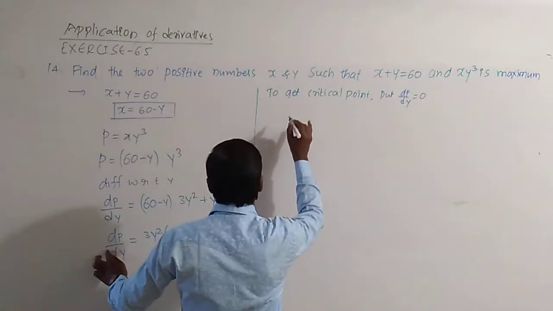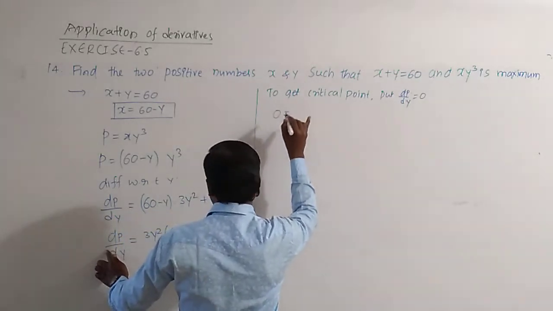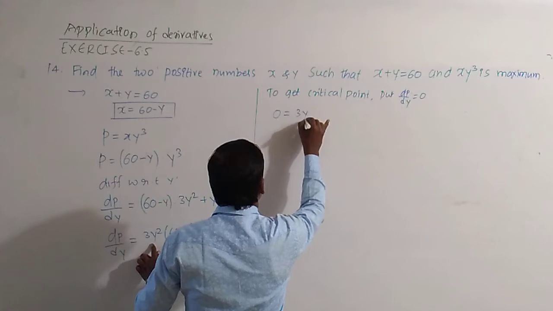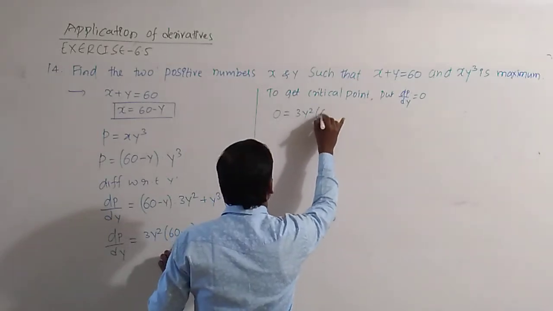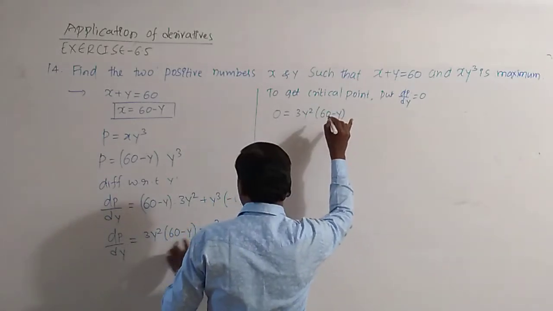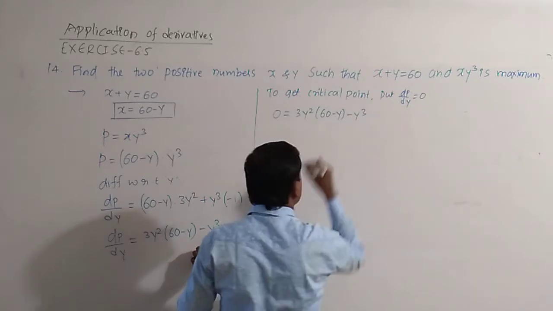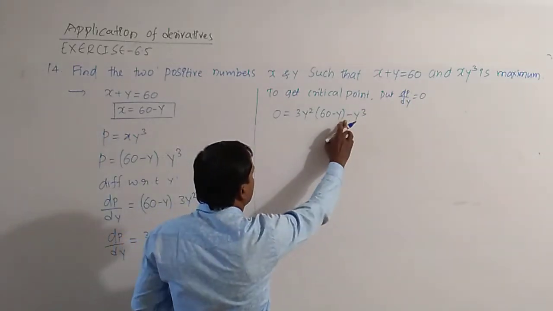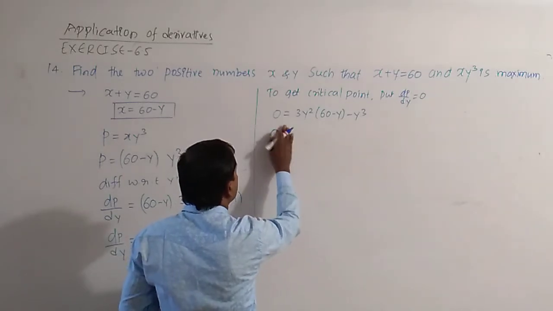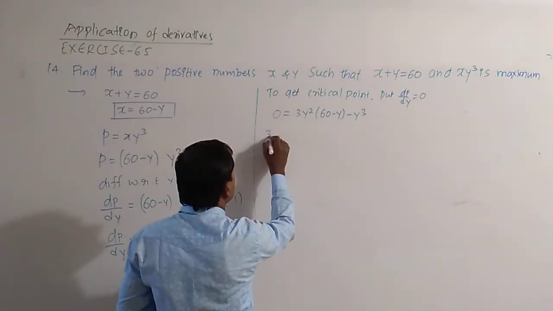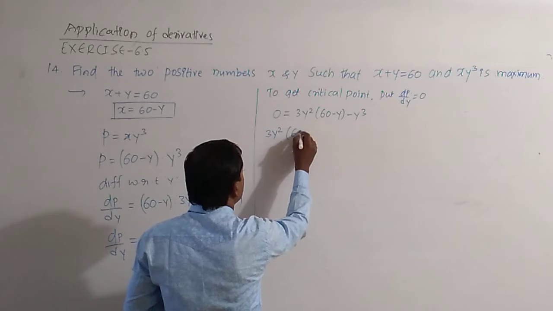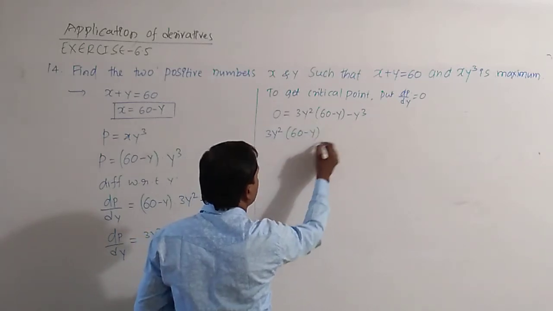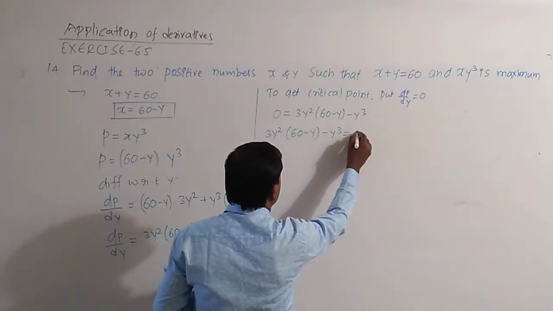So in this equation, 0 is equal to 3y square into 16 minus y, minus y cube. Simplify this one: 3y square into 16 minus y minus y cube equal to 0.